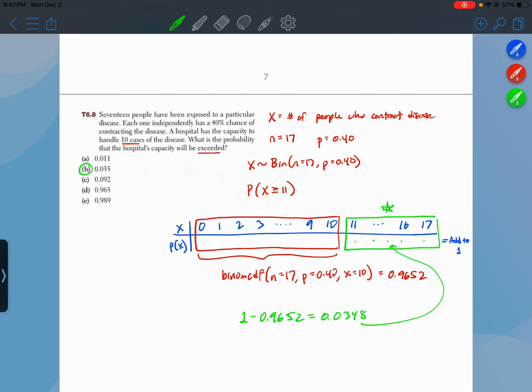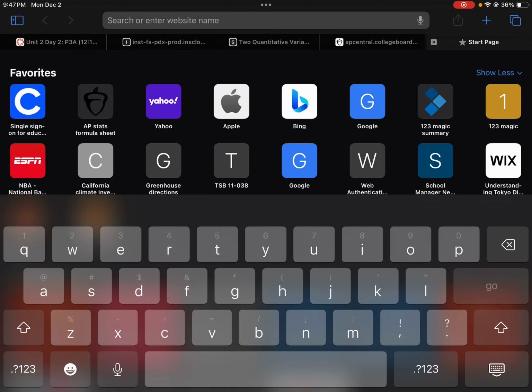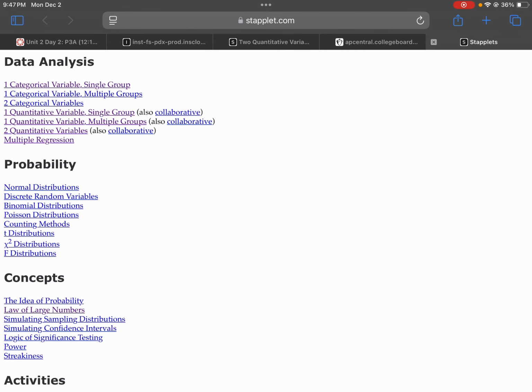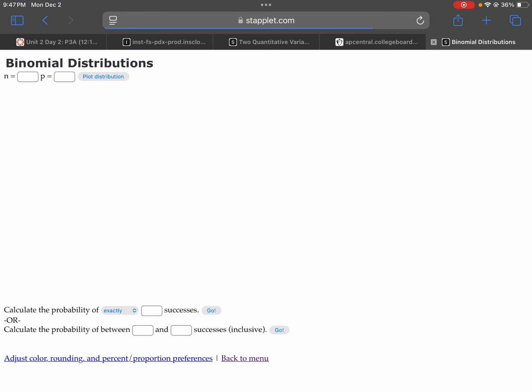Now, I really want you to be convinced that this works, so I should have probably tested this out first, but let's try something. Let's go to good old Stapplet.com, and there is a binomial distribution section here, right?